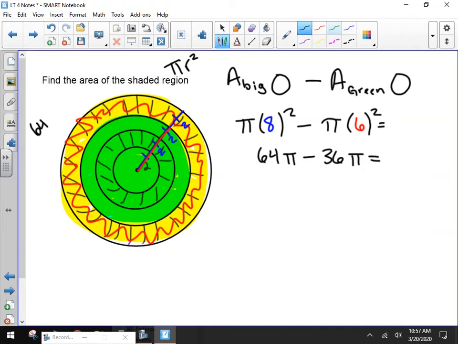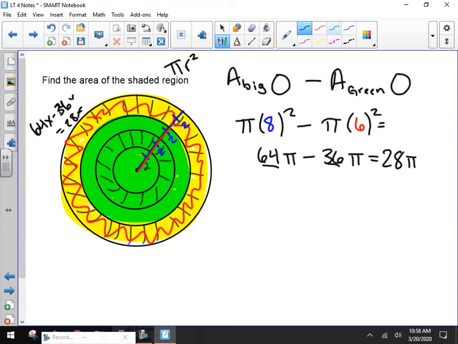So it's the same thing here, it's just instead of an x, it's a pi. All right, I subtract coefficients and I leave the variable or the pi, the symbol. Oh, 28 pi, not 12. I'm crazy. 28 pi.